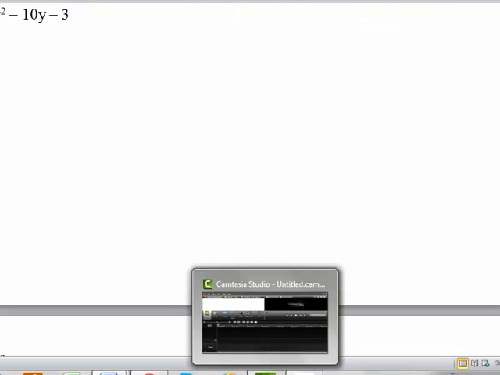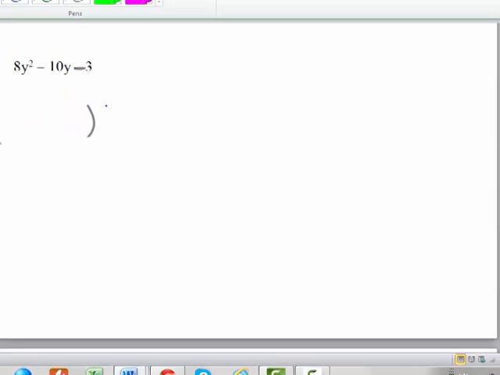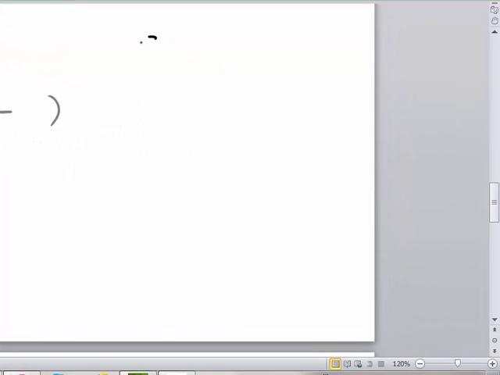Here we have 8y squared minus 10y minus 3. We consider our signs. The sign of the back number, as you see, is a minus 3. That means the signs of our problem need to be a plus and a minus. All right, let's do our factors. We have the number 8 and the number 3.